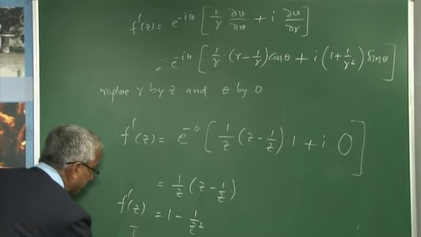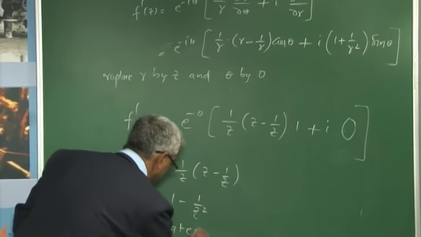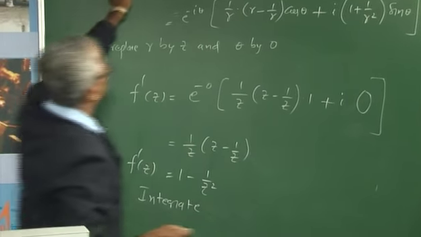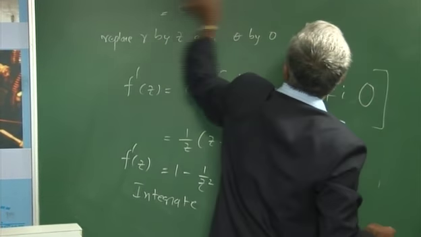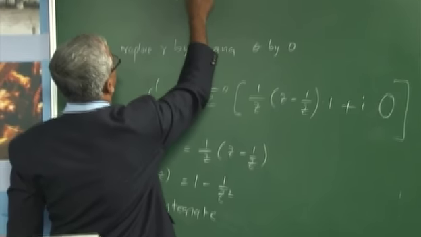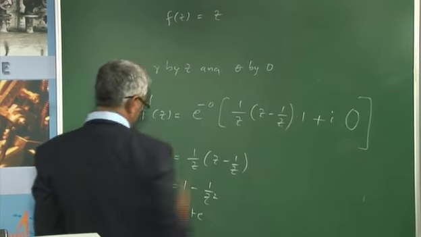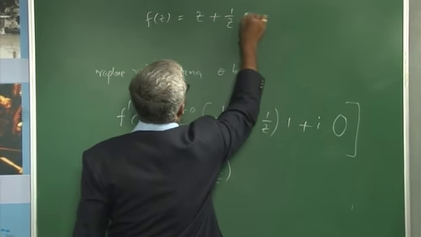Integrate this. If I integrate this one, we get a simple term. The integration of 1 is z and the integration of minus 1/z² is plus 1/z.